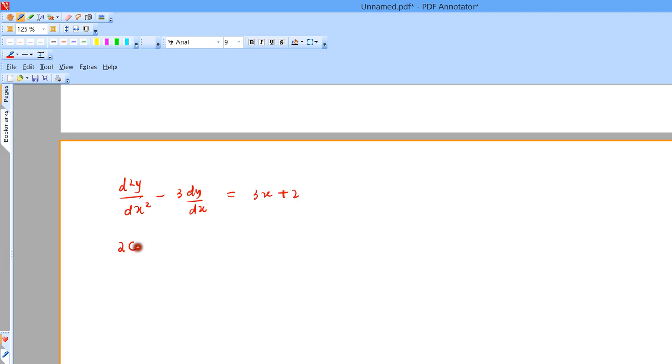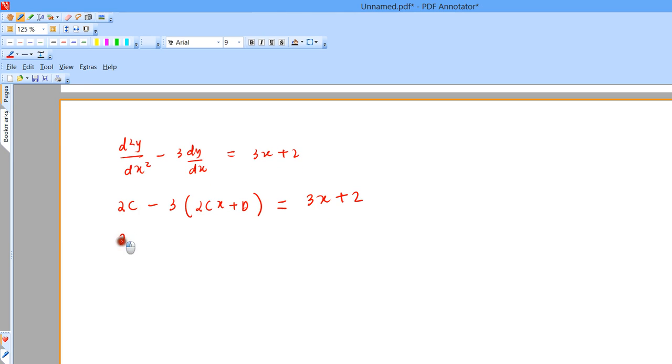So 2c minus 3 dy over dx, we substitute with y prime. So we have 2cx plus d. We don't have y here, so you don't need to substitute y p. The right hand side is 3x plus 2.